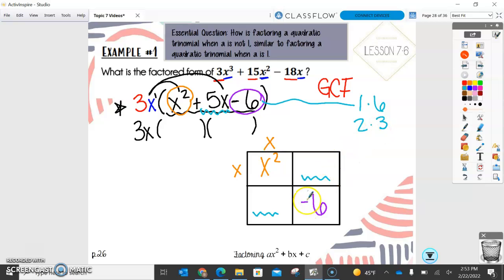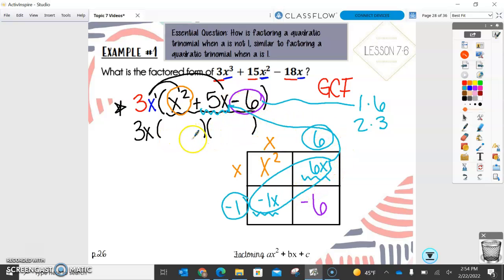I know that I'm going to need a negative in one of these 2 circles, because a negative times a positive is a negative. If I make my 6 positive and my 1 negative, I will have a negative 1x and a positive 6x, which 6x take away an x would make the 5x.